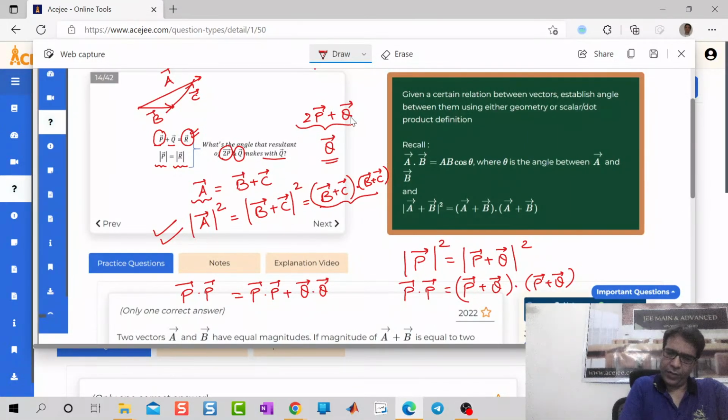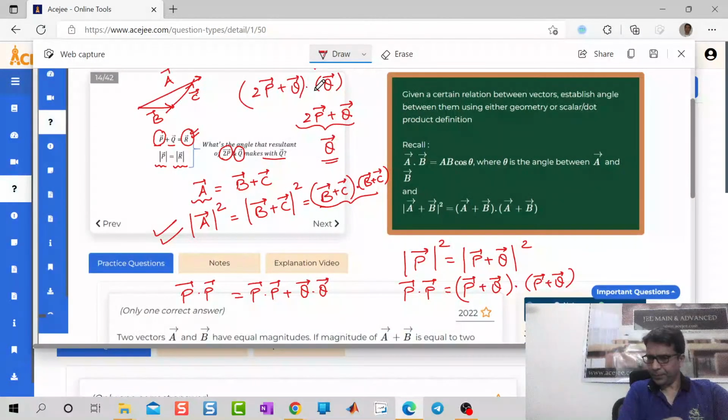By the way, whenever somebody asks what is the angle between the two, if there is any way we can find out what this is, that would help, right? So what is the second term here? What do you get?